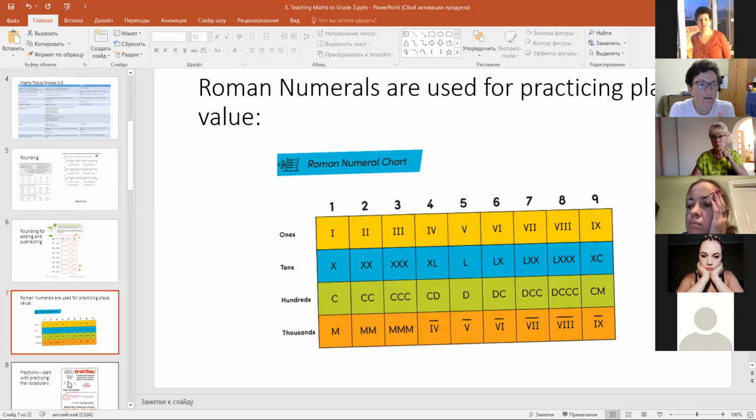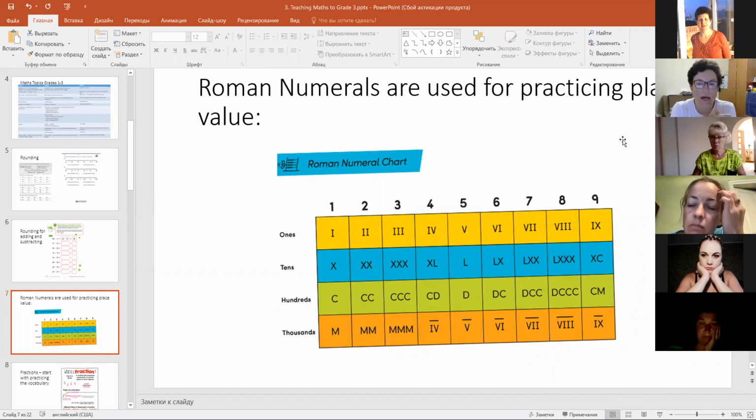My only idea is that it probably develops your cultural background, when you can read the numbers on museums or doors, or I don't know where you can find these numbers, but you really can.